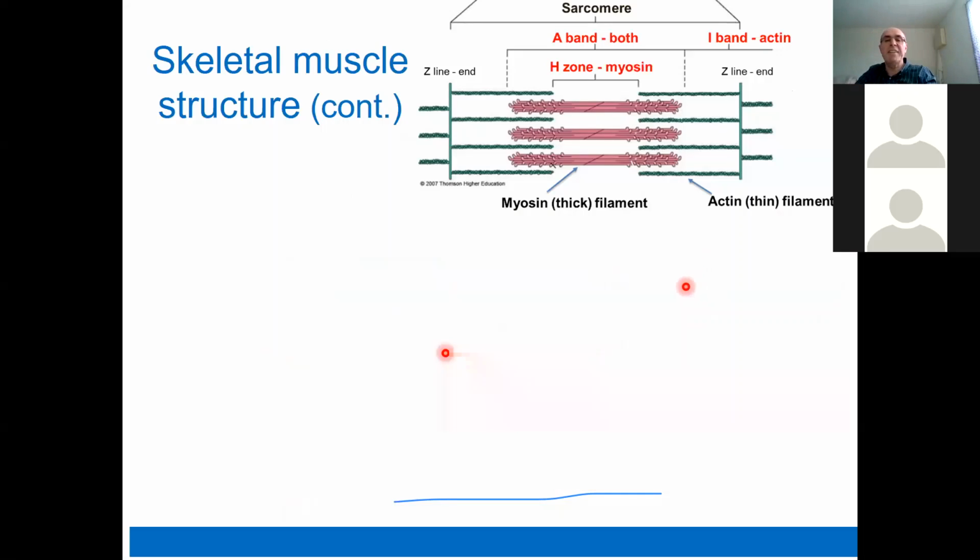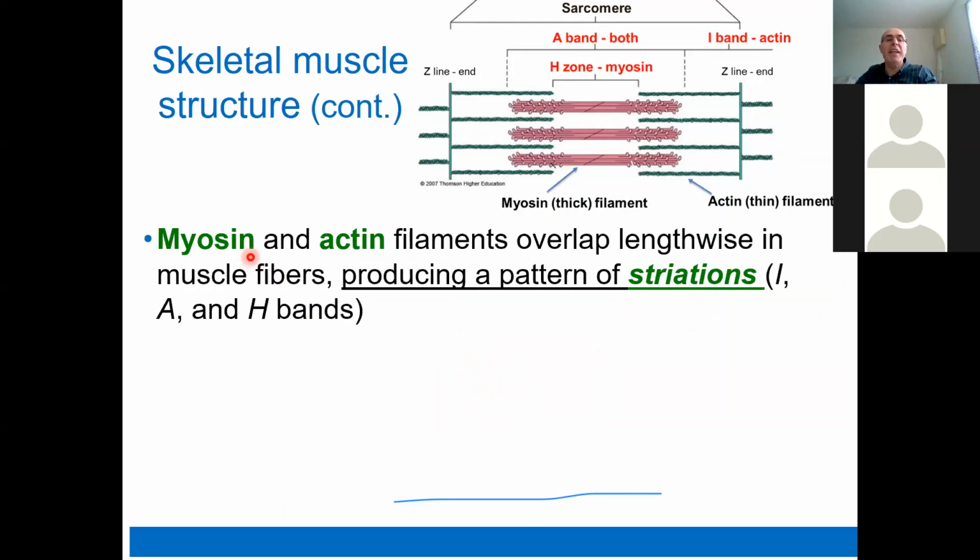As you see here in these slides, okay, myosin and actin filaments overlap lengthwise in muscle fibers and produce a pattern of striation in the striated muscles, which is I bands, as we see here, A bands, and H bands.